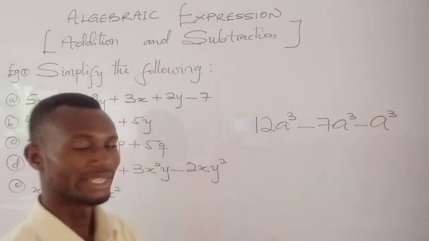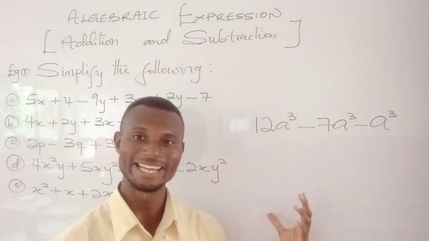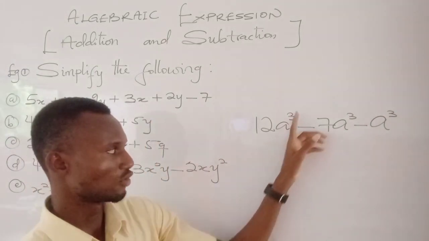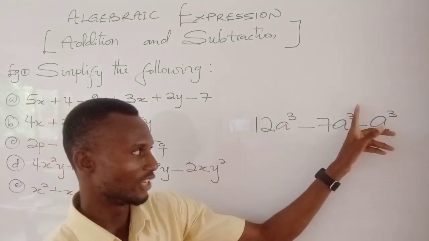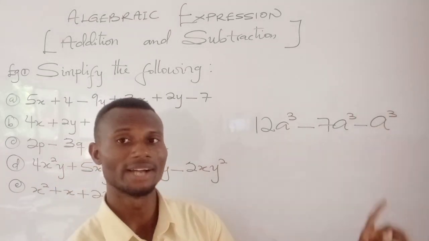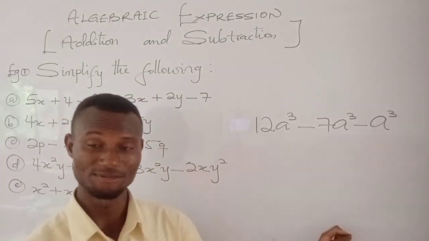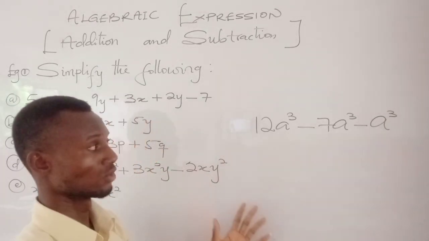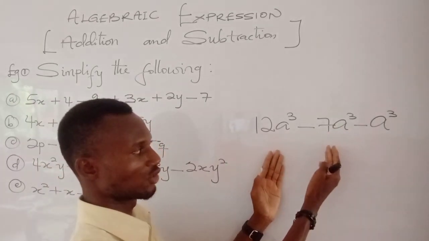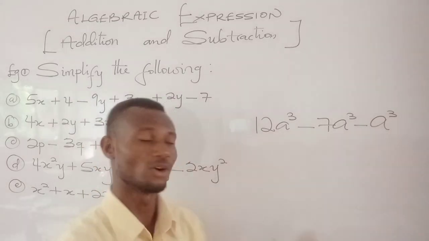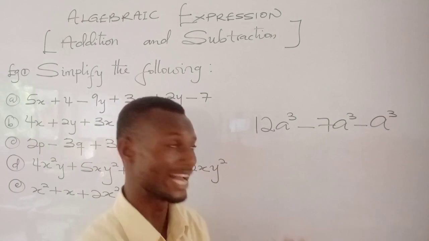First of all, let's check if they are like terms. Okay, this is a to the power 3, this is also a to the power 3, this is also a to the power 3. So they are like terms. We can do the simplification. Okay, so you can choose to do the first two, then join it with the last one, then you get your answer, or you can choose to do them together.